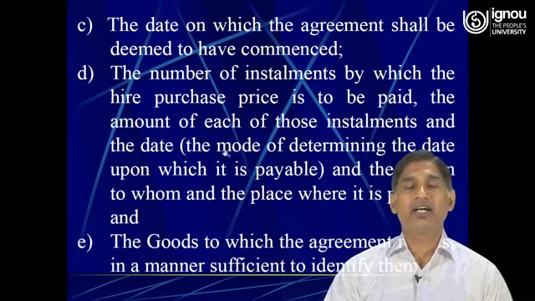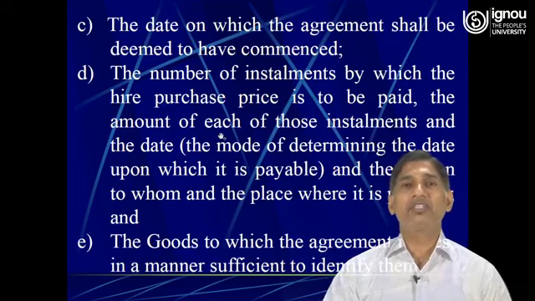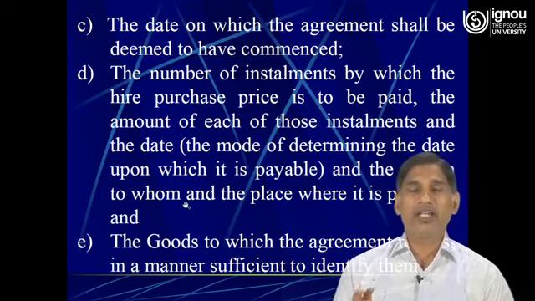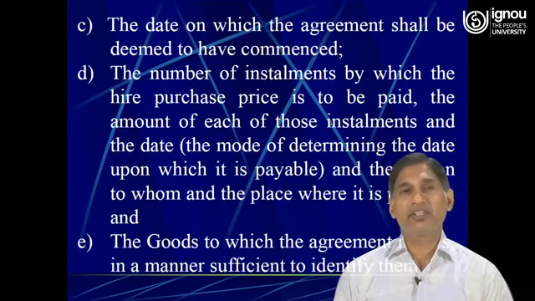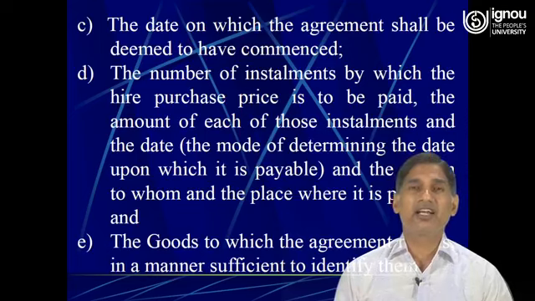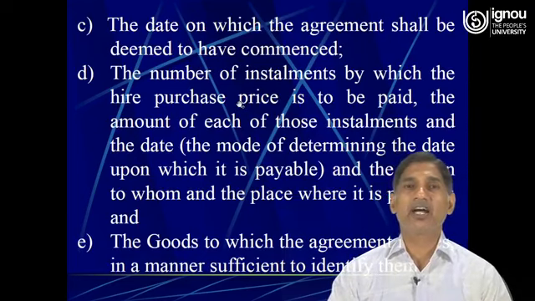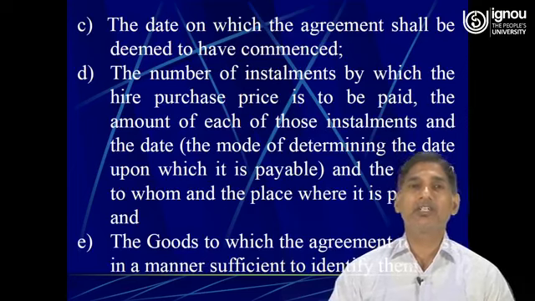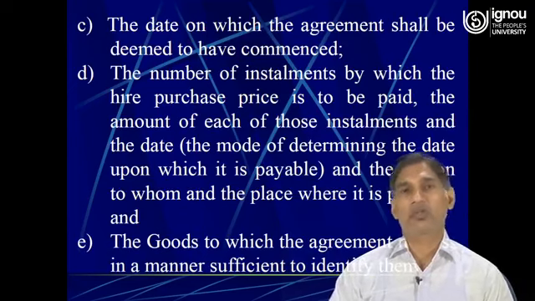Then the next part is the date on which the agreement shall be deemed to have commenced. On that particular agreement, a date must be there, stating from which date the agreement will be in force. Then the next one is the number of installments by which the hire purchase price is to be paid. How many installments will take place to pay the hire purchase price of the article must be mentioned very particularly.